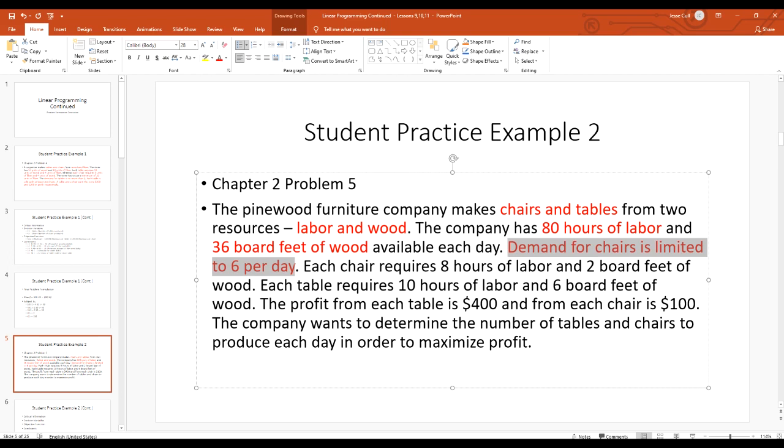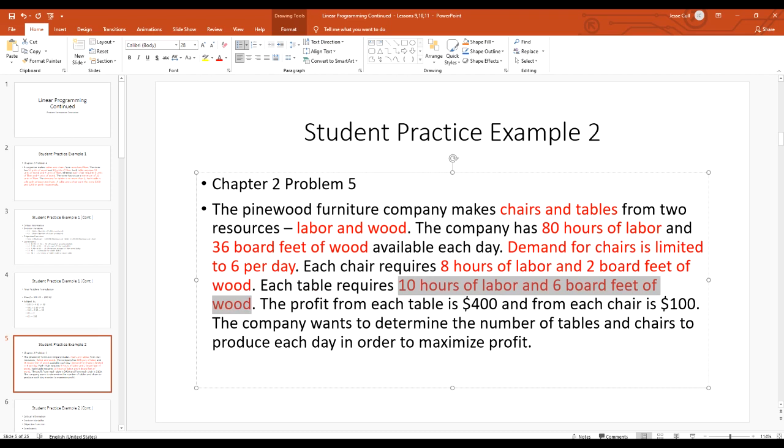Each chair requires 8 hours of labor and 2 board feet of wood. This is using our resources to produce. Each table is 10 hours of labor and 6 board feet of wood. Again, using our limited resources, so that will enter into our constraint equations.